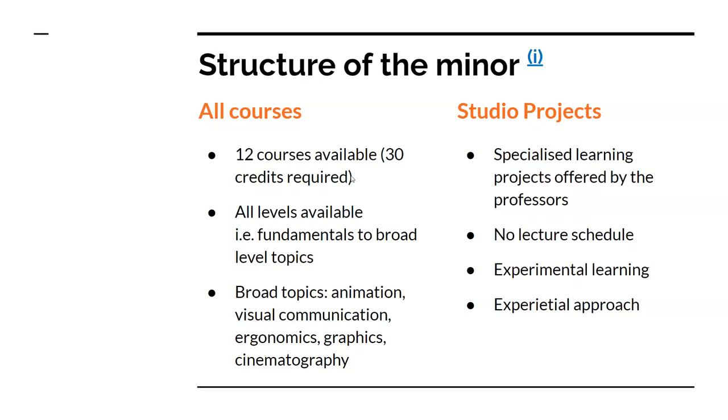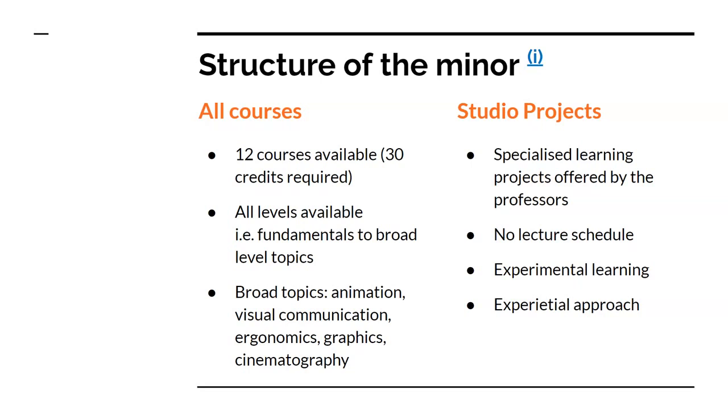So all of the courses that are available for minor on the website, as suggested by the IDC portal, are 12 courses for minor, and a particular set of courses are available for tagging as minor in the particular semester.